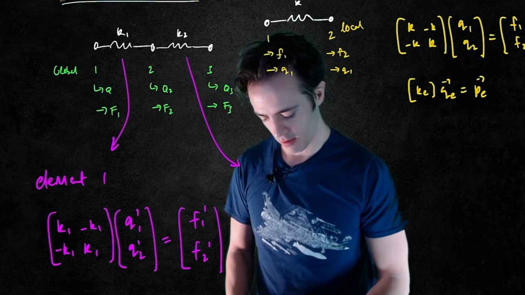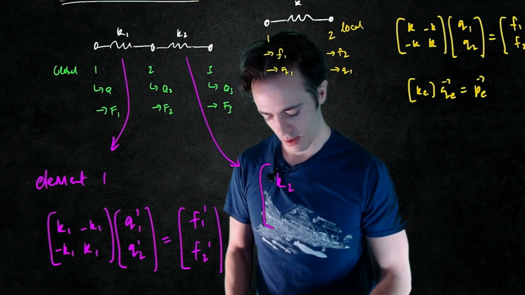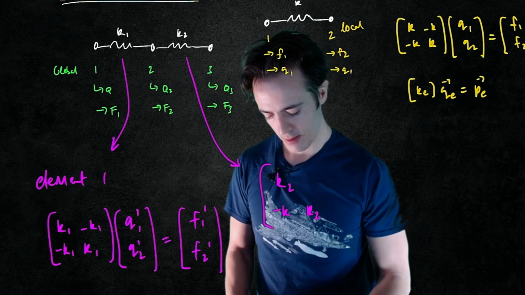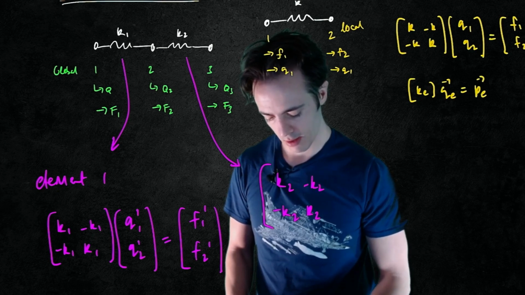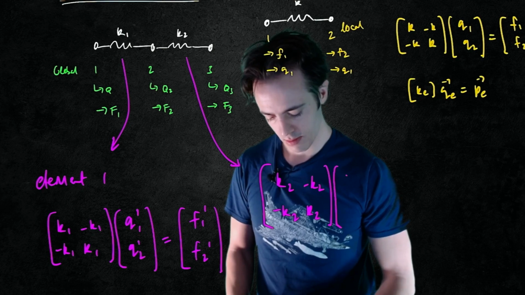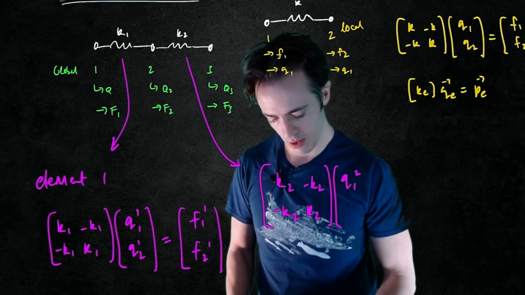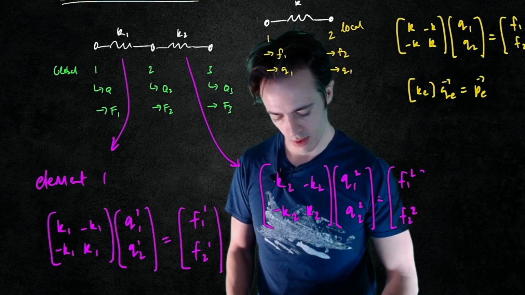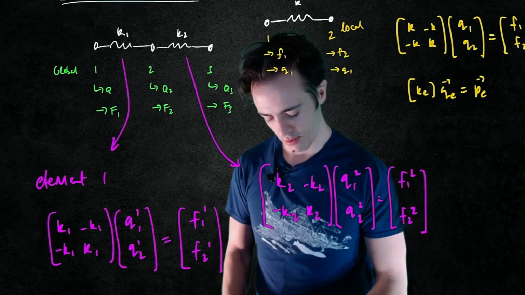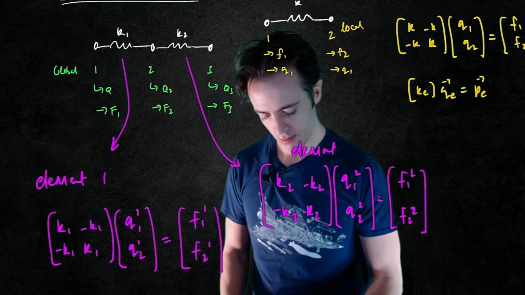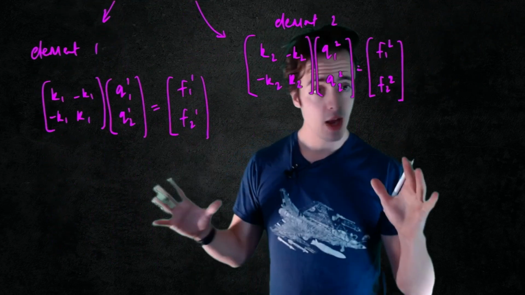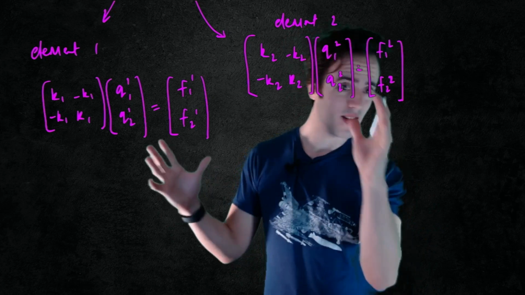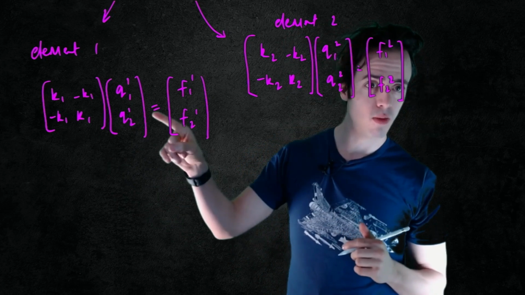We did the same thing over here, K2, K2, minus K2, minus K2, Q1 for element 2, Q2 for element 2 is equal to F1,2, F2,2. Okay, so let's just write this was for element 2.